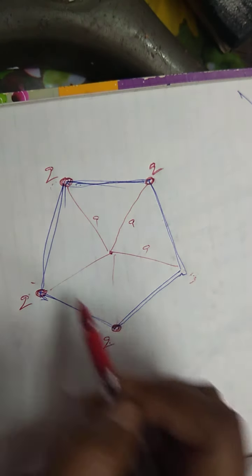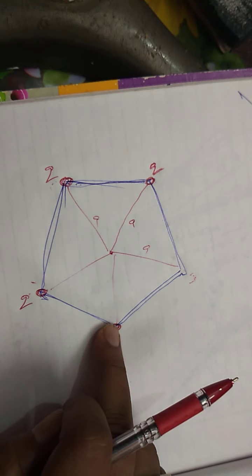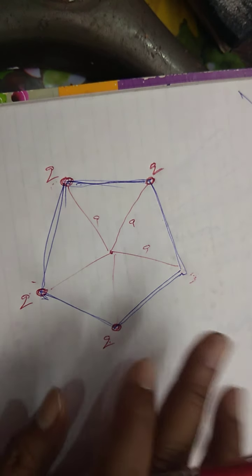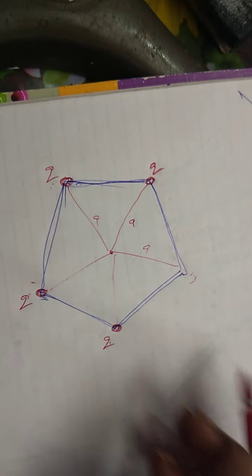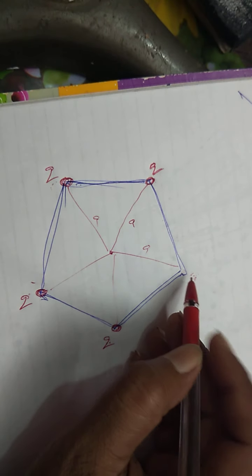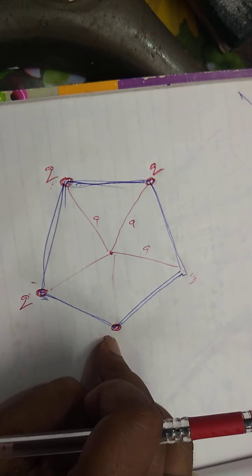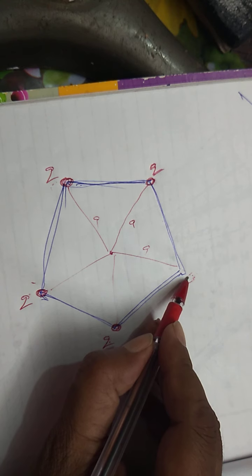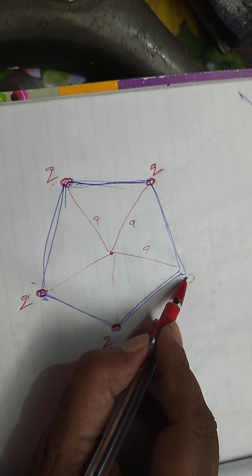That means in a regular figure every charge has the ability to neglect the effect of other rest charges. Clear? So these 4 charges will have the same effect which this single charge will have, but in opposite direction.